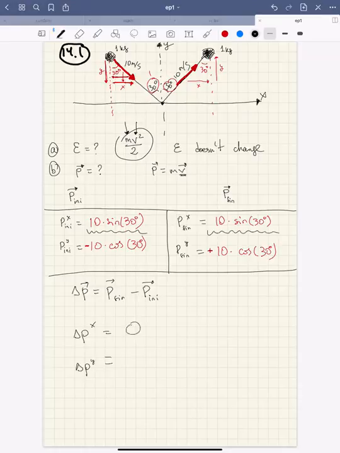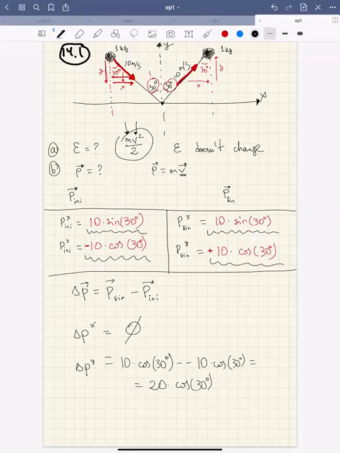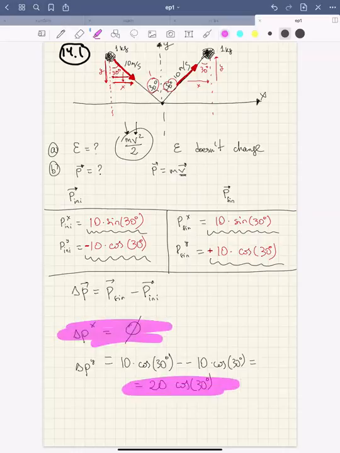So my change in the x direction is 0, and in the y direction I have 10 times the cosine of 30 degrees minus negative 10 times the cosine of 30 degrees. That's 20 times the cosine of 30 degrees. So that's my change in momentum. No change in the x direction, and this much change in the y direction.